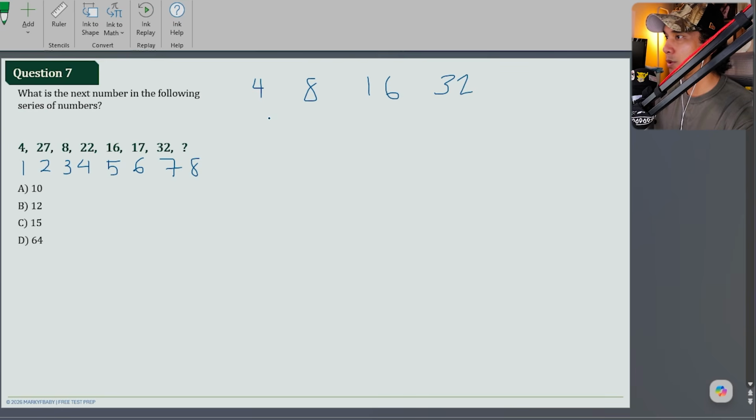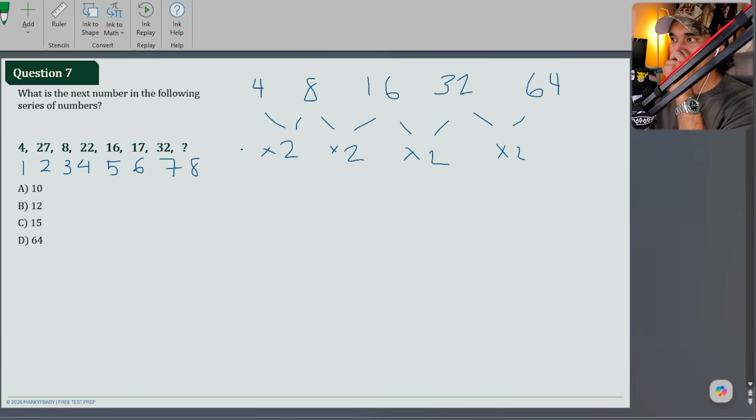And then when I group the odds together, we see that it's multiplied by 2. It like doubles, right? The number doubles each time. 4 to 8 is times 2. 8 to 16 is times 2. 16 to 32 is times 2. And then times 2 is 64. But we don't want that term, right? That's the 9th term. And we want the 8th term.